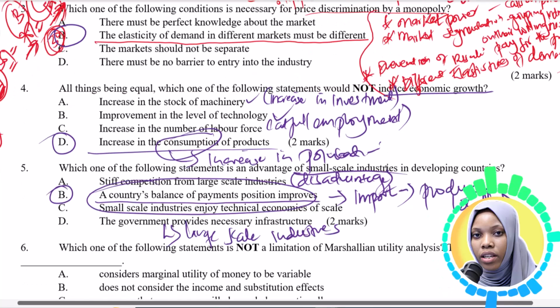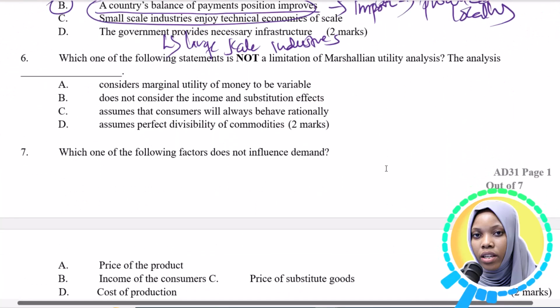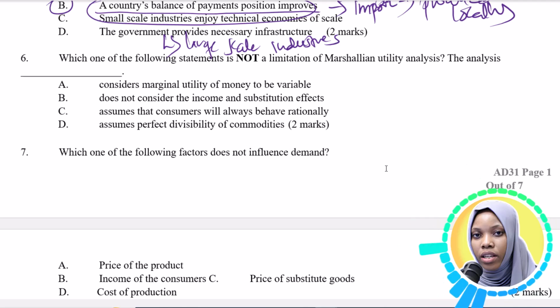Question number 6 reads, which one of the following statements is not a limitation of Marshallian utility analysis? Choice A considers marginal utility of money to be variable.